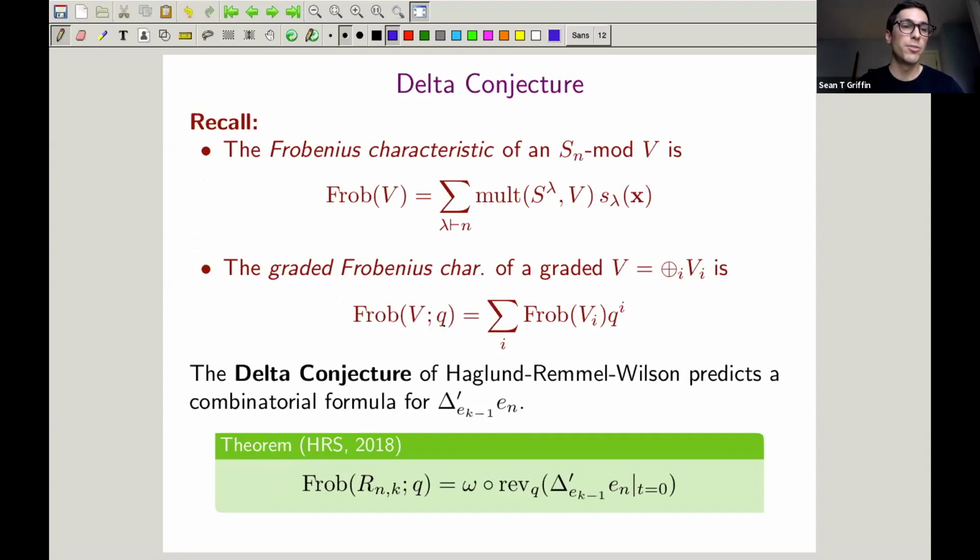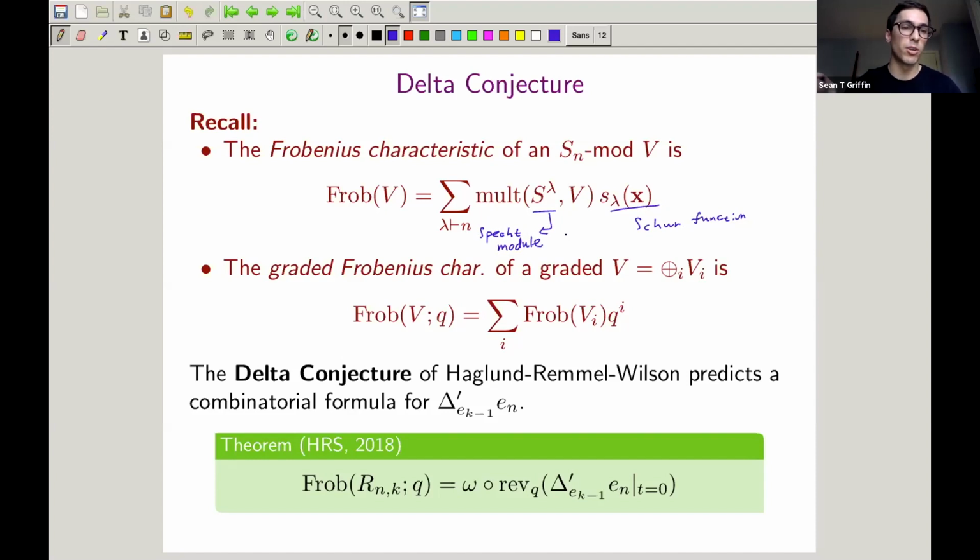Their motivation for defining this ring came from the delta conjecture. First, let's recall that the Frobenius characteristic of a symmetric group module V is the symmetric function you get by summing over all Schur functions, where s lambda is the Schur function and the coefficient is the multiplicity of the irreducible Specht module indexed by that partition.